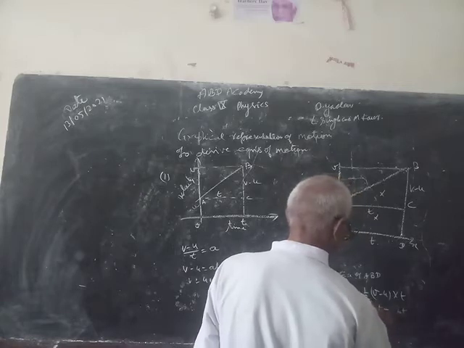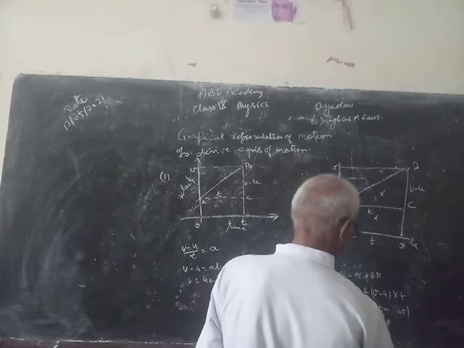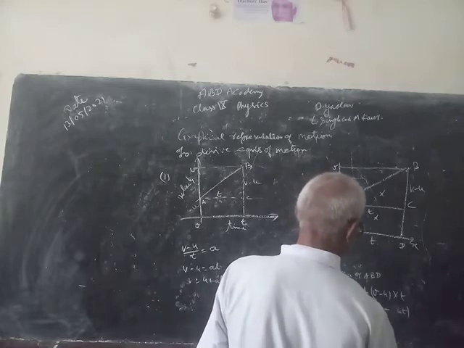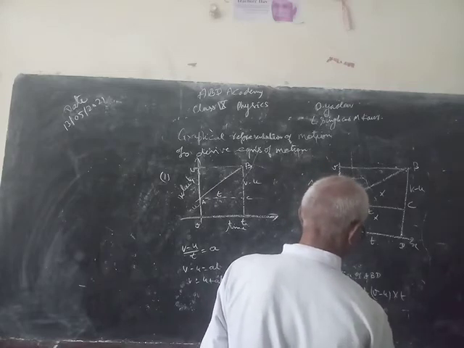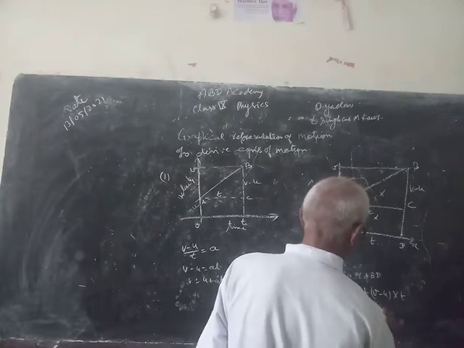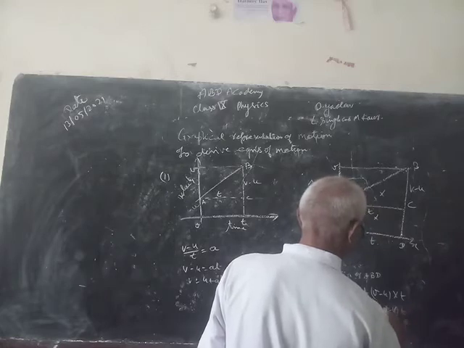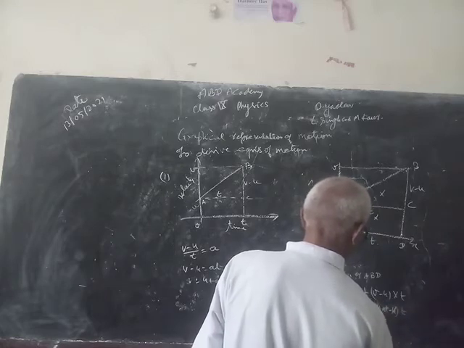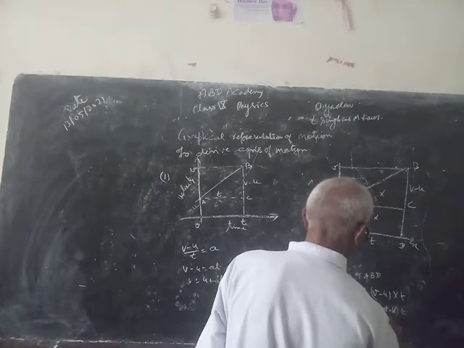Don't multiply half, put it this way, take T common, that is half (V is U plus A) minus U into T. This U cancels this way, so it becomes half AT square.